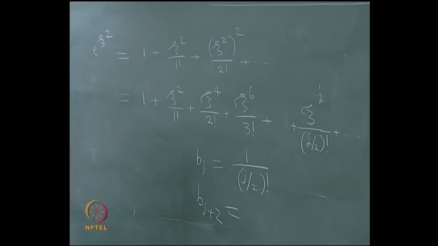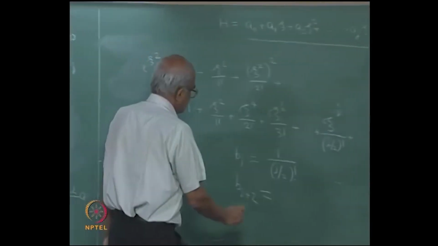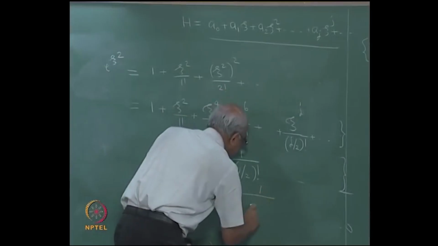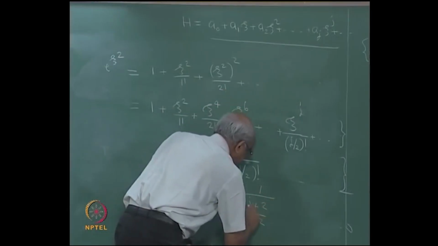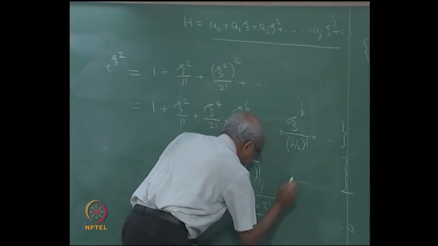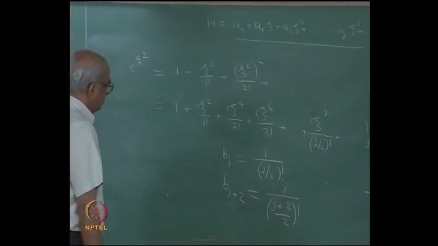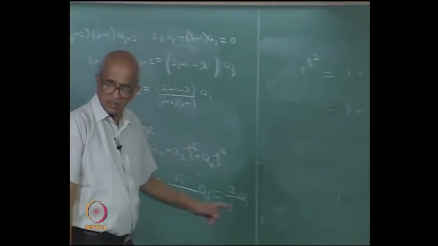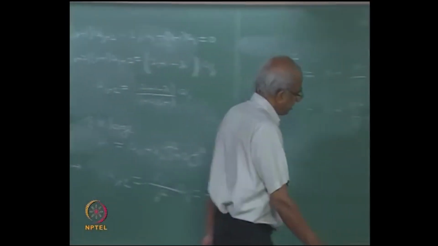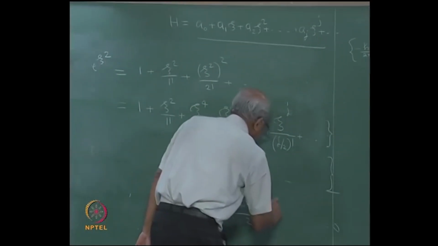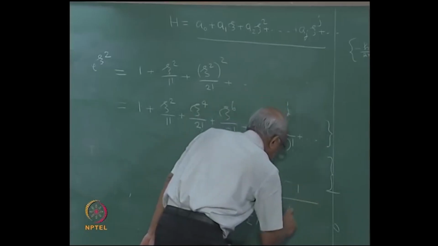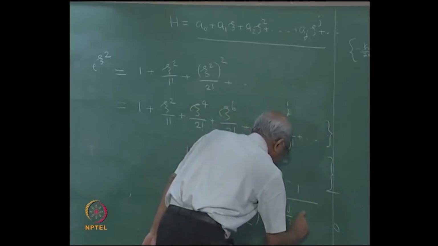Right. The next term is going to be bj plus 2, and what will that be? It will be equal to 1 by j plus 2 by 2 factorial. Agreed? And that will be equal to 1 by j by 2 plus 1 factorial.